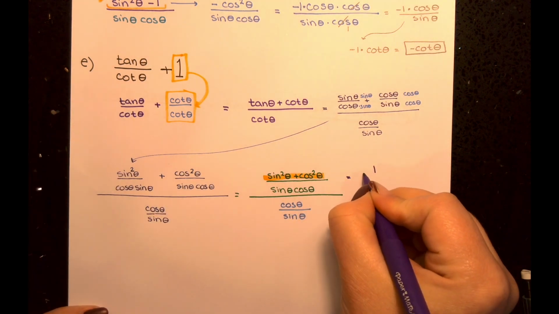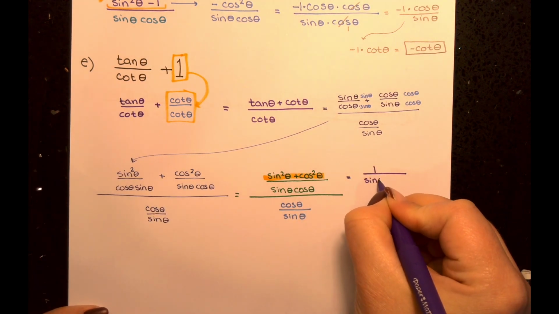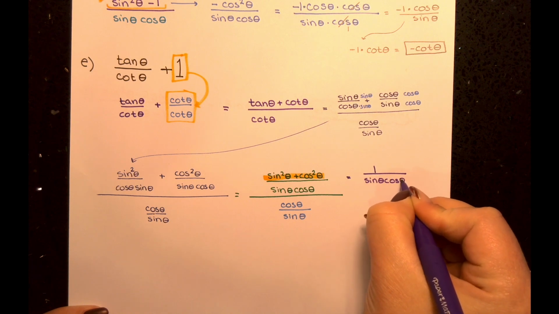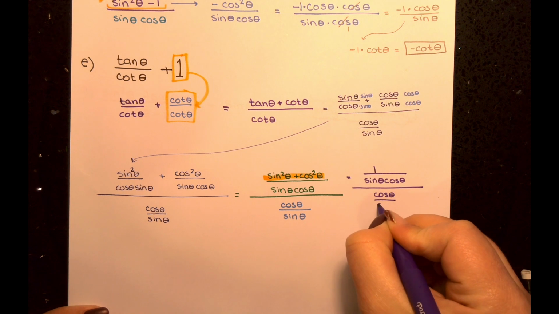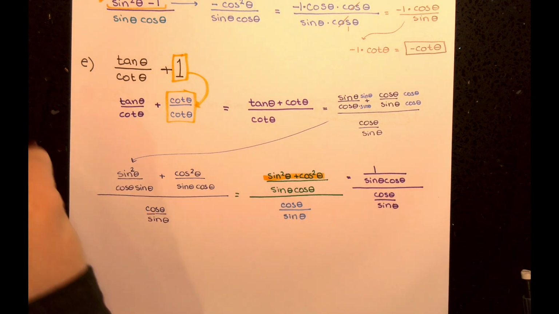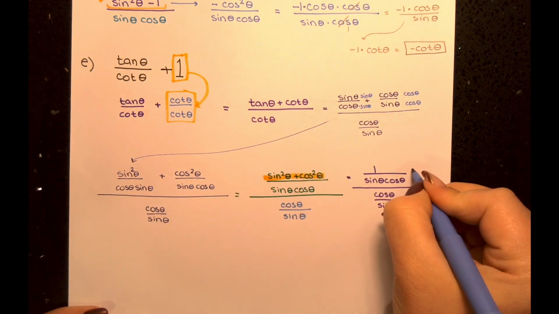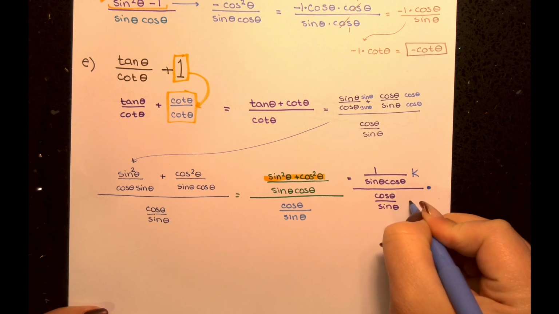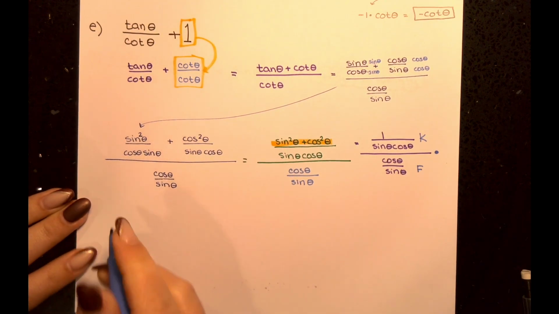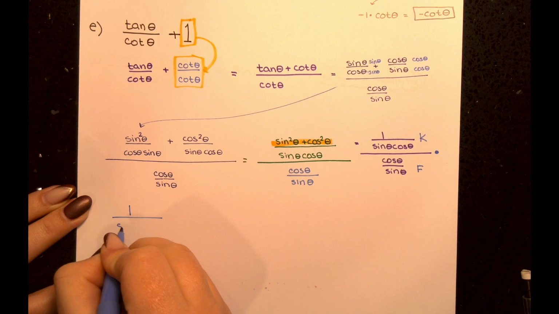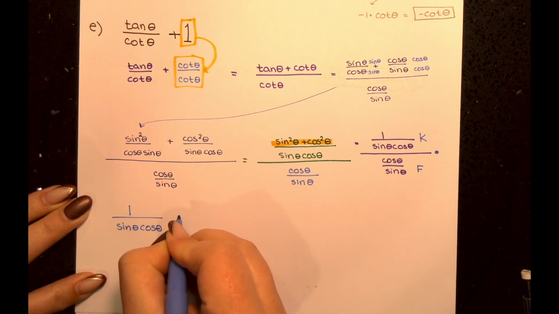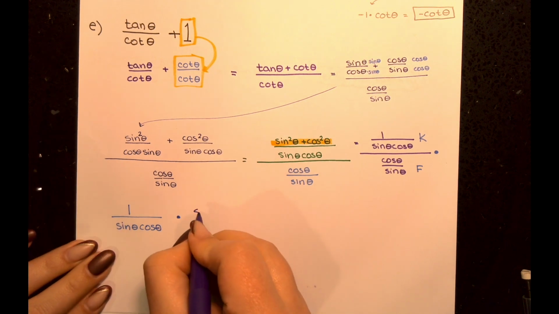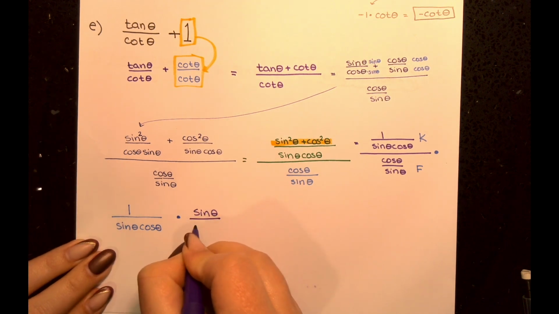So we have 1 over sine of theta, cosine of theta, all over cosine of theta, sine of theta. Again, we have a fraction over a fraction. This is your keep, change, flip. So I'm going to keep 1 over sine cosine times flipping the fraction, sine of theta over cosine of theta.